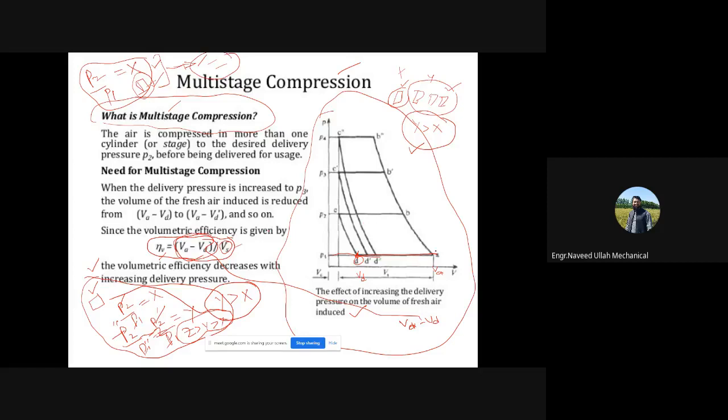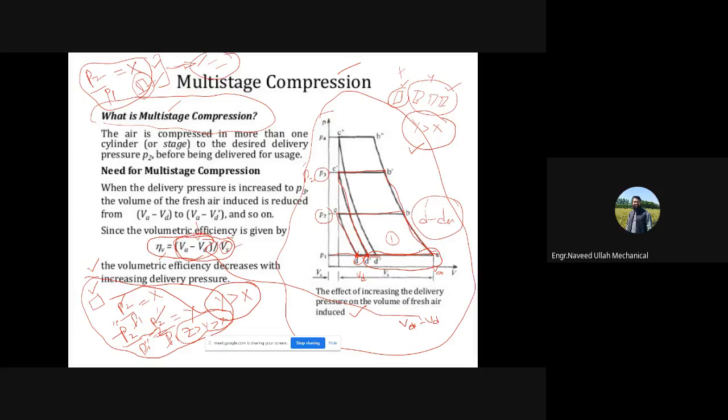Now this is actually compression and then it is delivery and this one is expansion for this first case. If you don't want this P2, rather you want P3 or P2 bar, ठीक है, तो इसके लिए आपको क्या करना होगा, this is your induction initially, and this will be your compression, this is your delivery, and again this is your expansion. Now you can see that this time your induced volume is VA minus VD bar, ठीक है, so your induced volume decreases.